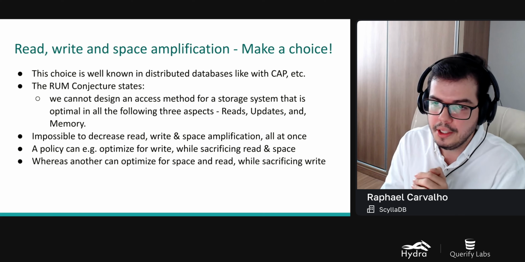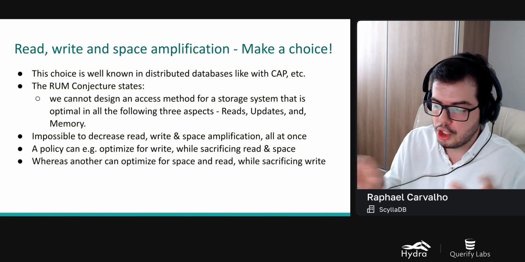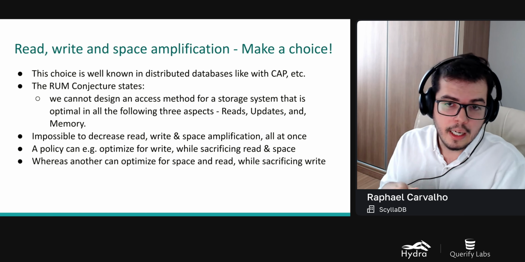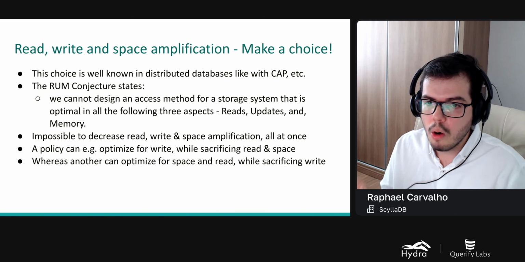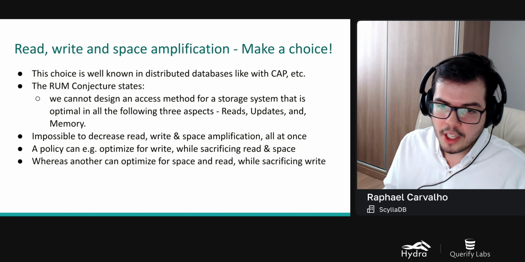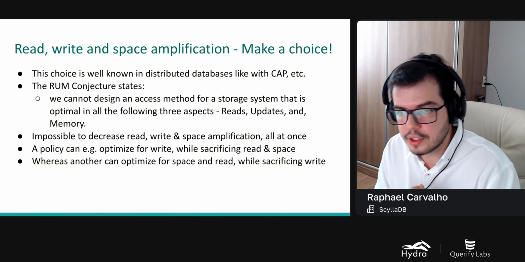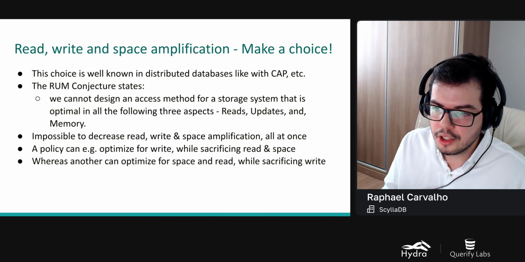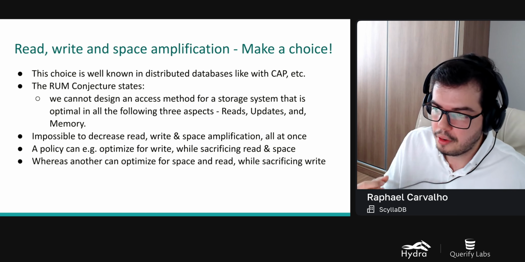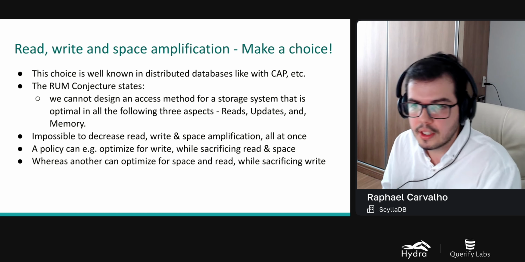It has to make some choices about availability, partition tolerance, and so on. So in the compaction world, it's the same thing. A compaction policy has to make choices, has to make trade-offs, has to decide whether the policy is going to be better for writes or for read and space.